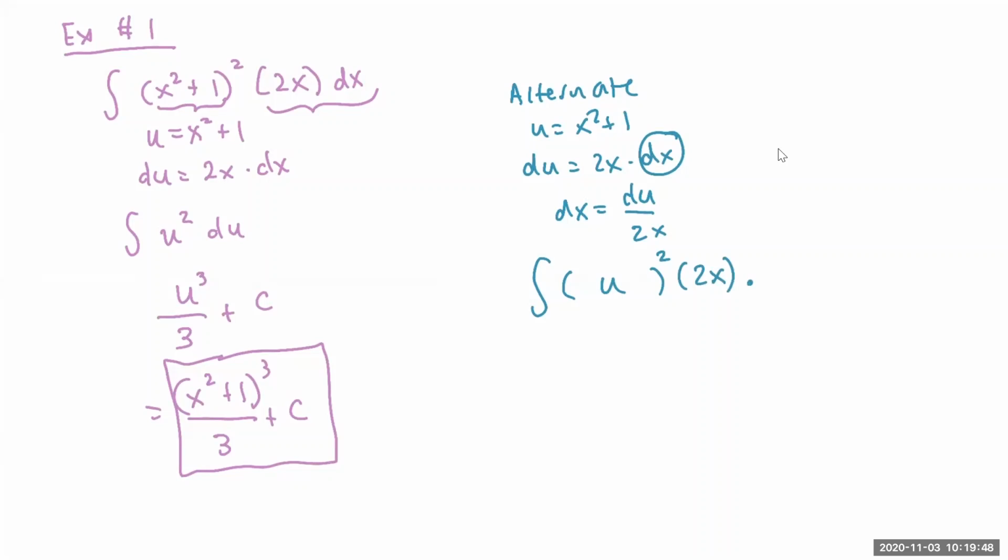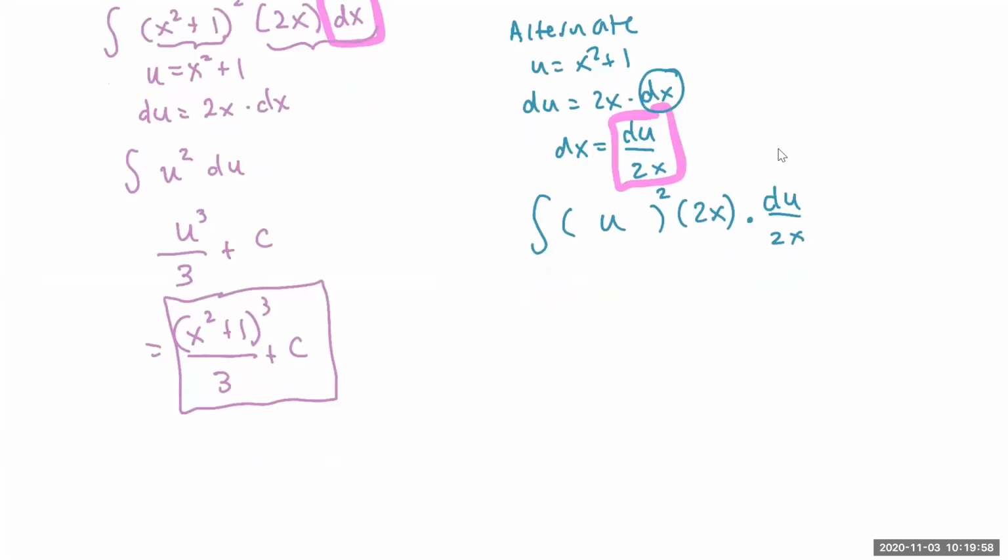But then dx is this expression right here, so that's going to replace this dx right here, du over 2x. And what we should see happening when we do it this way is that the derivative of the baby function should cancel out. And then we're left again with the same expression as we had on the left-hand side, a third u cubed plus c, and then our final answer should be the same here.